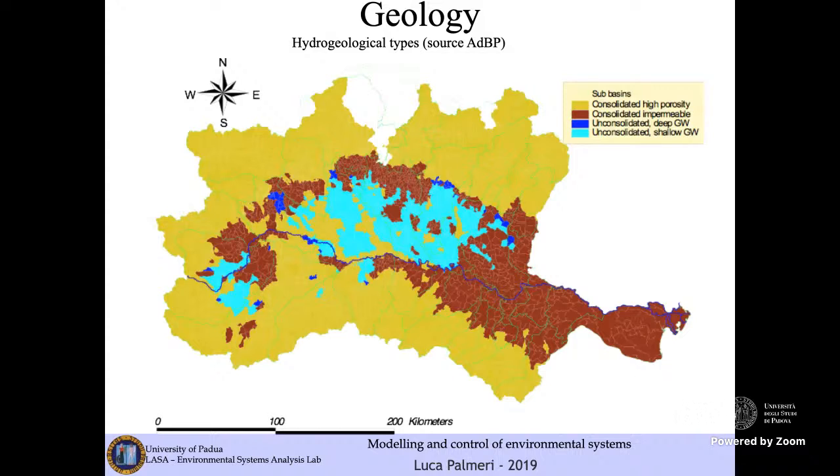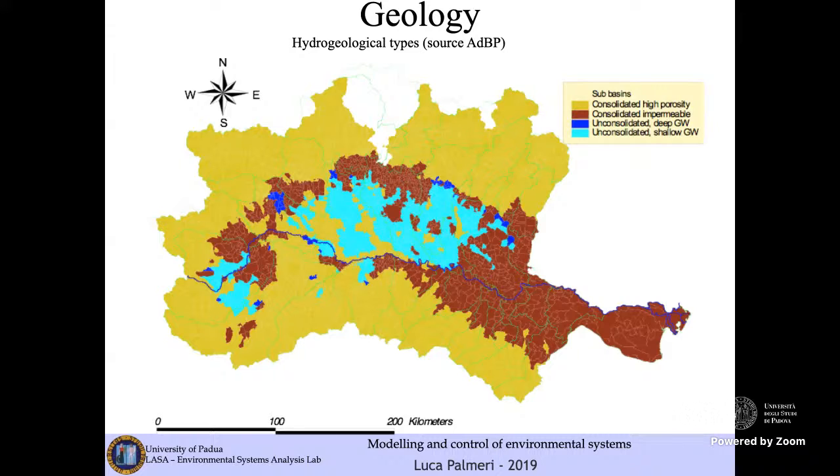Again, for the geology, we had a very rough description of geology. In particular, we have a simple classification in 4 classes: consolidated high porosity, consolidated impermeable, unconsolidated deep groundwater, and consolidated shallow groundwater.